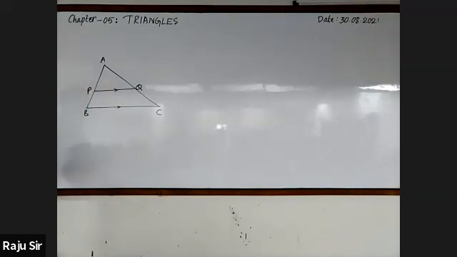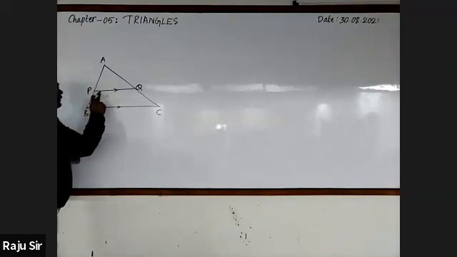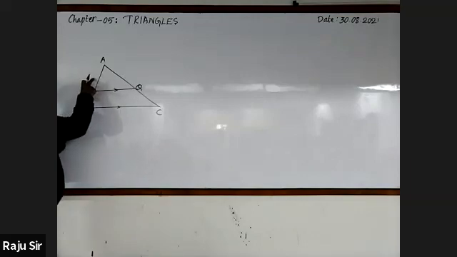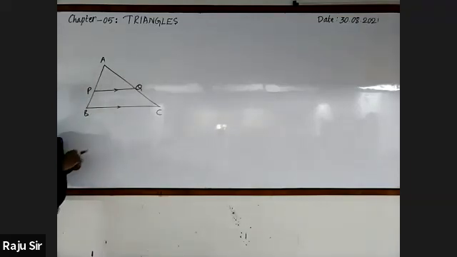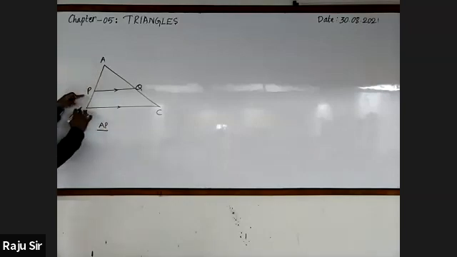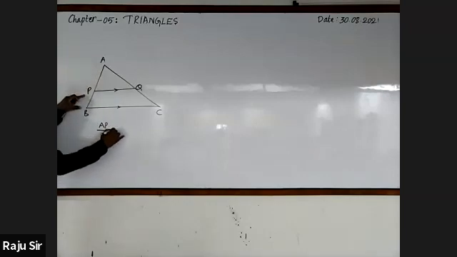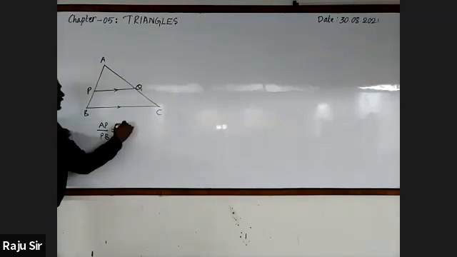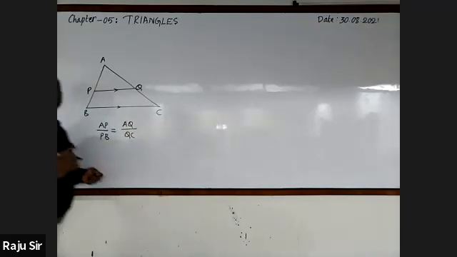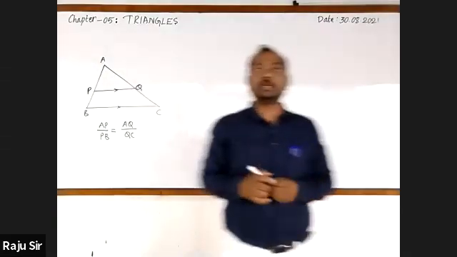If a line is drawn parallel to a side of a triangle, this line will divide the other two sides proportionately. This statement can be written as AP by PB is equal to AQ by QC. This is basic proportionality theorem.